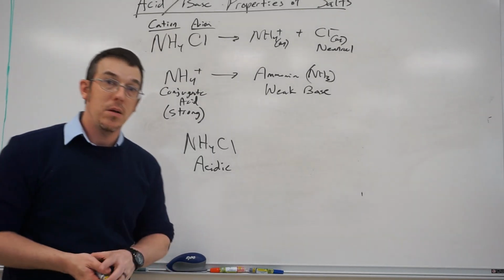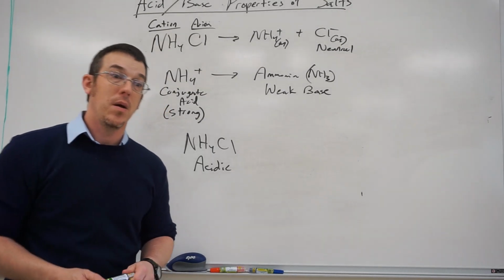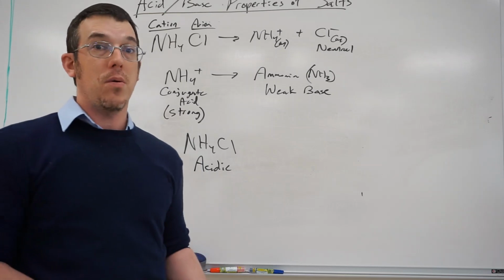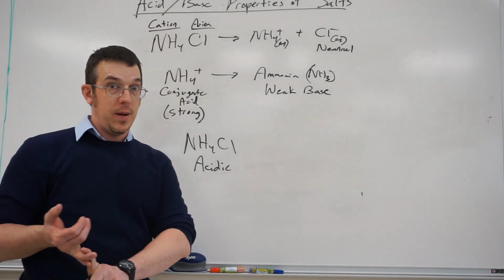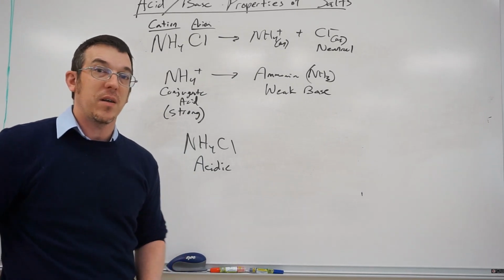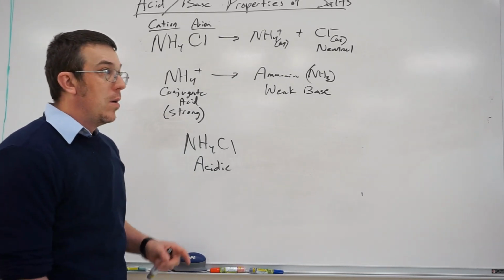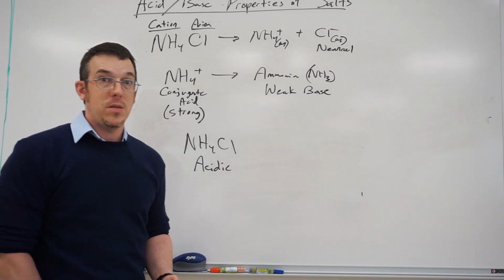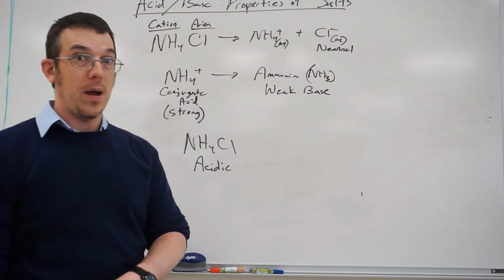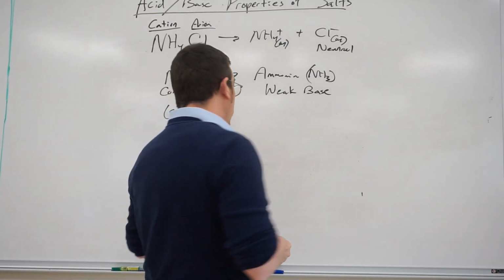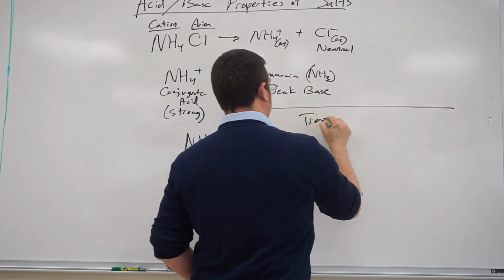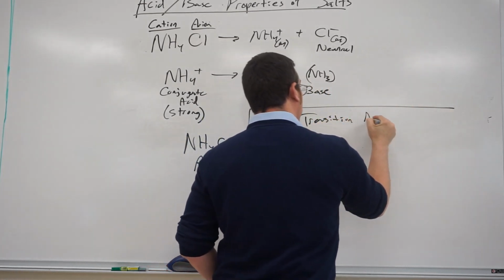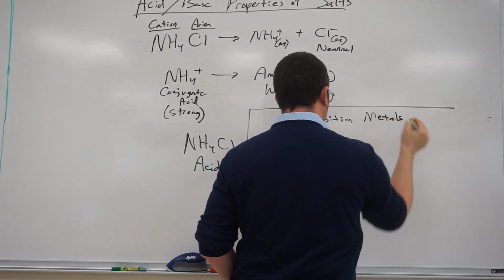Now, since that's the only polyatomic ion that is a cation, we have to focus on other metals. Now, we've already talked about group 1A and group 2A not necessarily affecting the pH too much. But we haven't talked about the transition metals and group 3A. So let's talk about transition metals just for a second here.